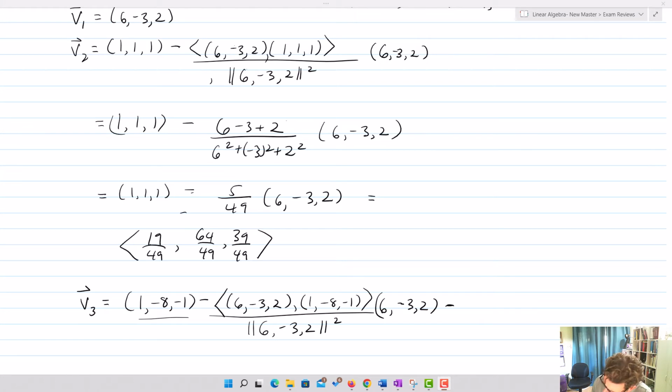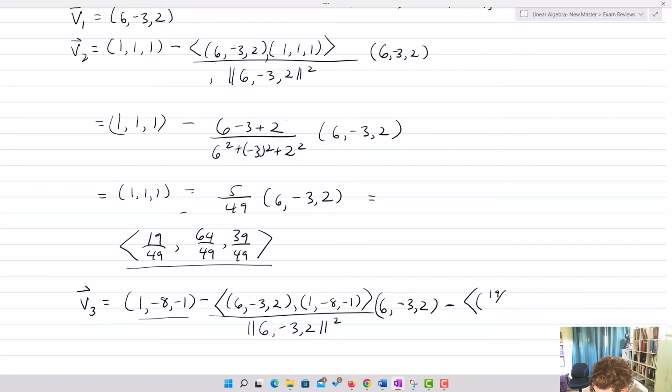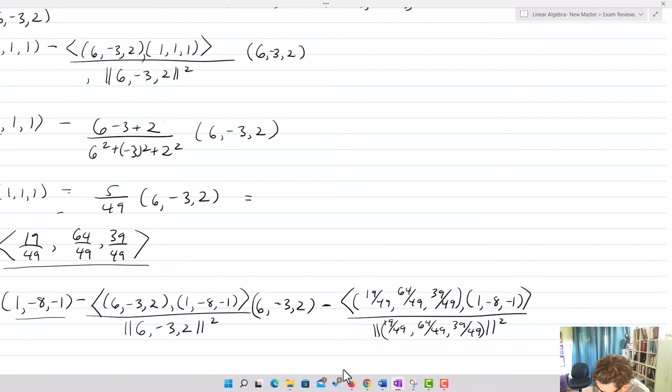So now we're going to have the dot product utilizing V2, which is (19/49, 64/49, 39/49), dotted with (1, -8, -1), divided by the magnitude of V2 squared, which is (19/49, 64/49, 39/49), and then we'll multiply that by the vector (19/49, 64/49, 39/49).